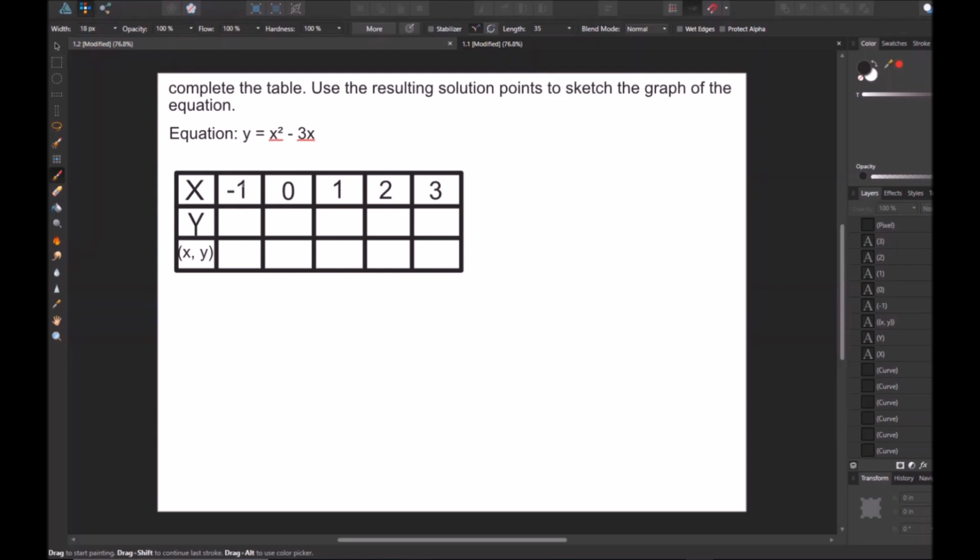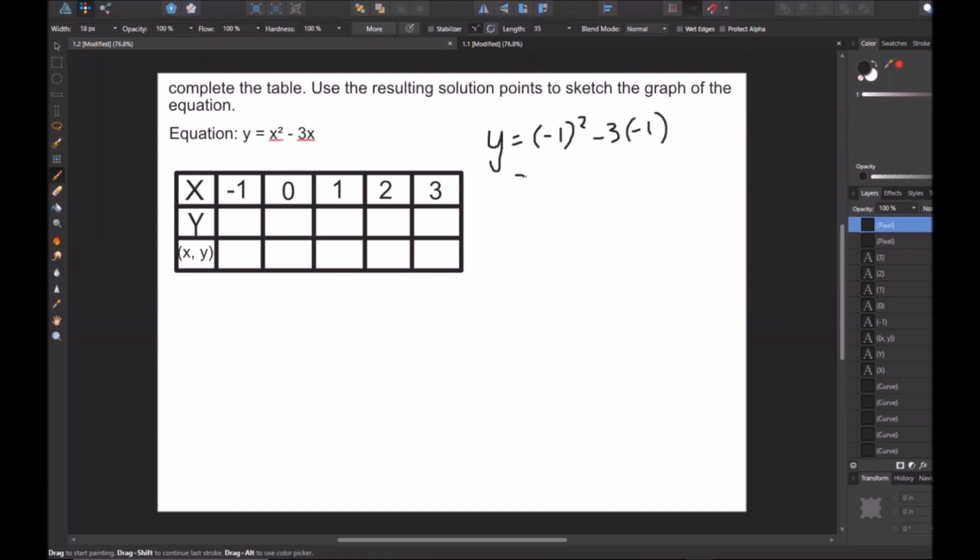So once again, like last time, we're going to take each of these x points and plug it in wherever we see x, and that's going to be our y value at that x value on the graph of this equation. That's basically the theory behind these problems. So for -1, we're going to do y equals (-1) squared, and again we want to put the whole -1 in parentheses because it changes the meaning if you remove the parentheses, minus 3 times -1.